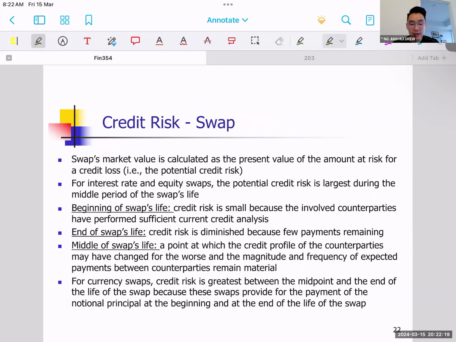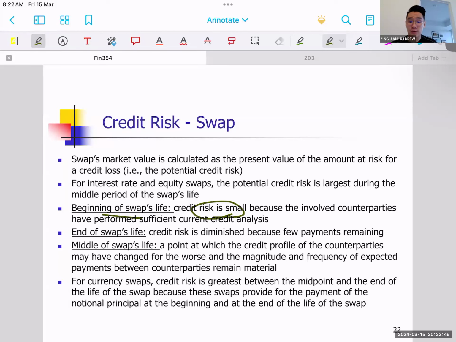Now, in a swap, in general, the swap has different life stages, right? The beginning of the swap, the middle of the swap, and the end of the swap. In terms of credit risk, it is usually the smallest at the beginning of a swap. Why? Because before we enter a swap agreement, remember, a swap is just a series of forward contracts.